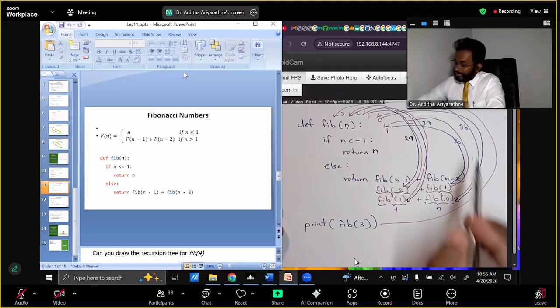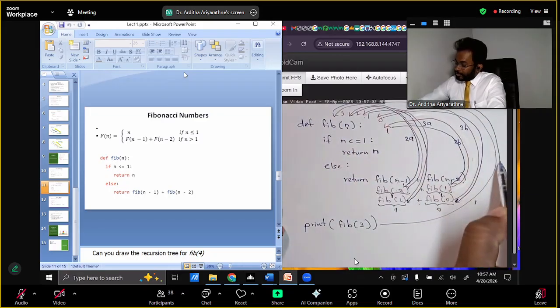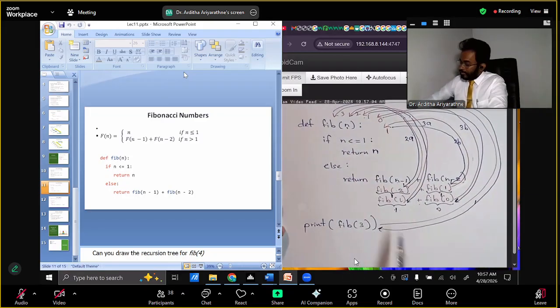So we are returning to the main function call and we got this value as 2, because 1 plus 1. Now in our output we are getting 2.